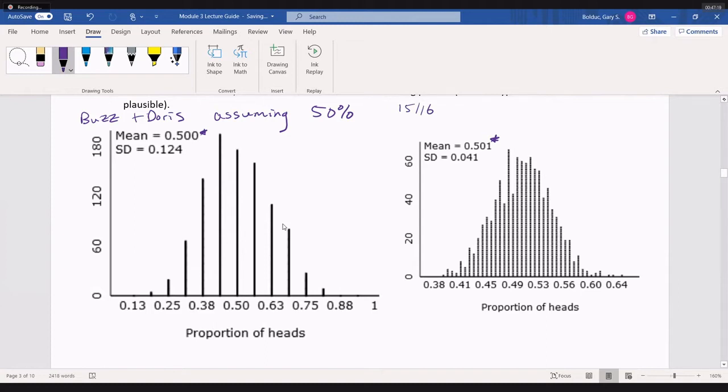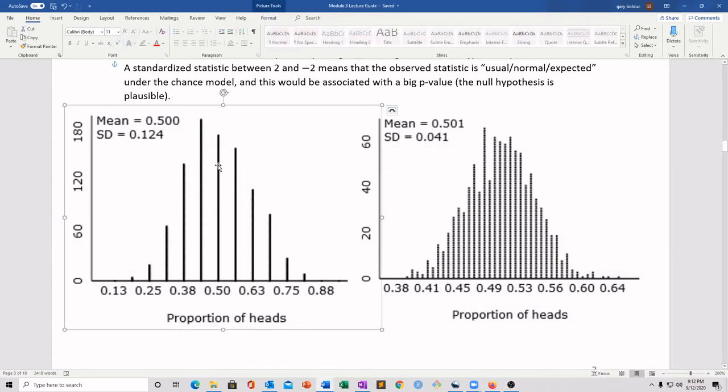Well, these pictures, the way I've put them, are not scaled the way they really should be. The vertical is not scaled the same, and that's not that important. The important thing is the horizontal axis is not scaled. So watch what I can do here. I'm going to take this first chance model. It has a mean of 0.5, and this SD here is the standard deviation that we talked about in a previous video.